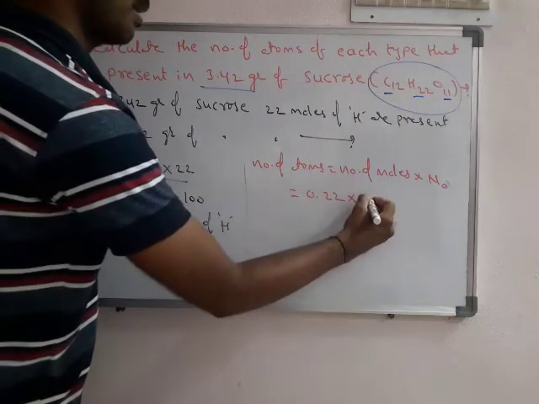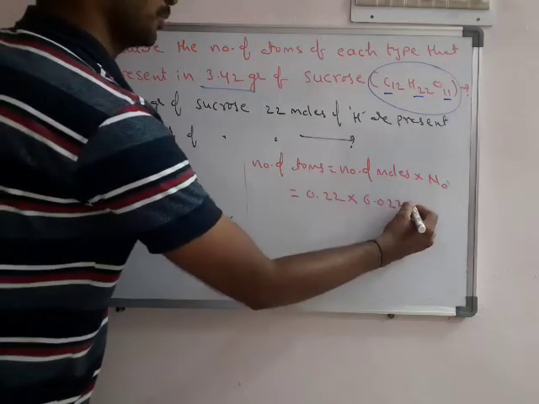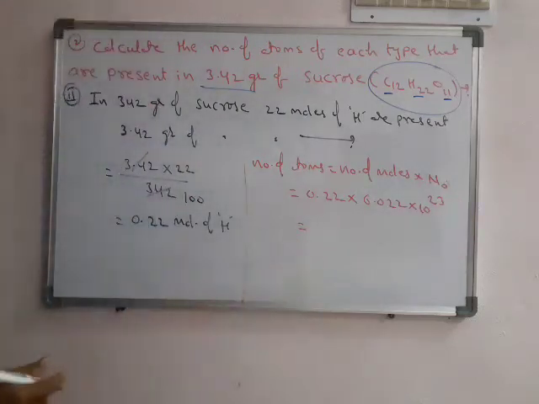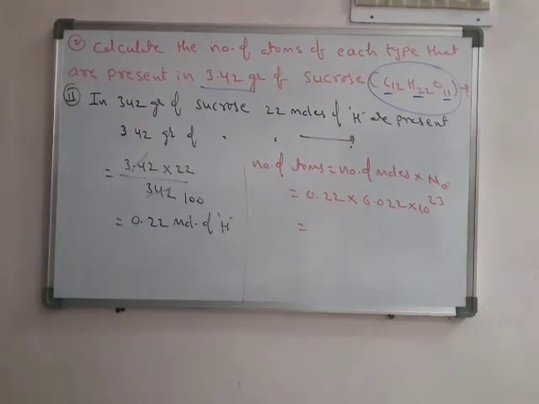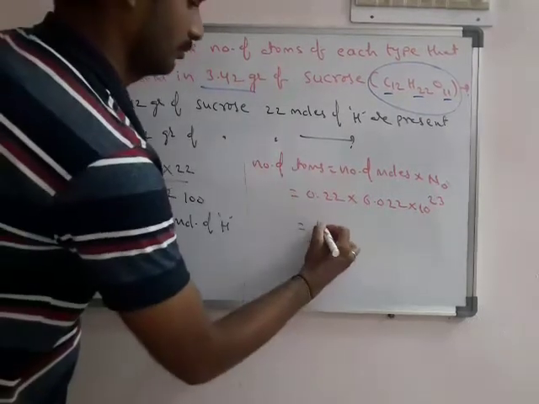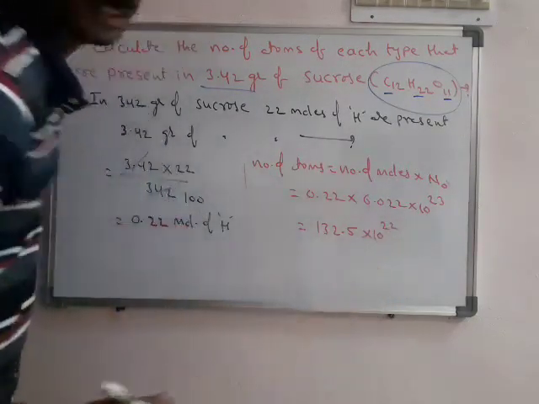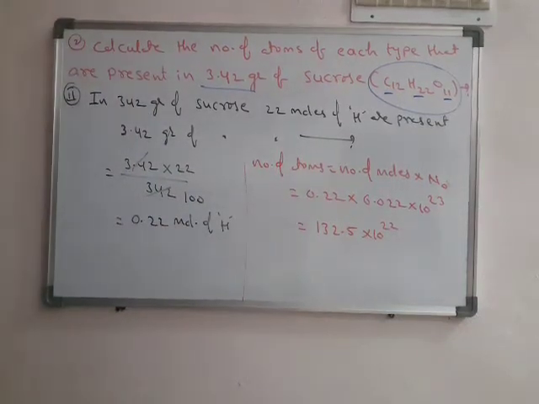What is Avogadro number? 6.022 into 10 power 23. Okay, so on the final calculation we will get 132.5 into 10 power 21 atoms of hydrogen.